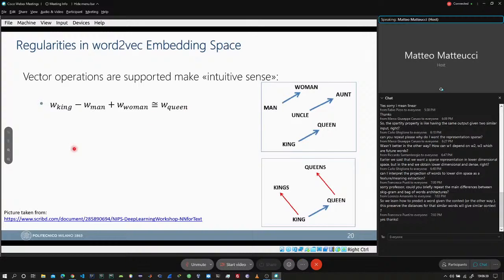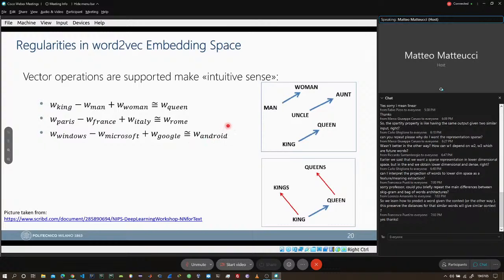And indeed, if you take the vector representing king, you remove the vector representing man, and you add the vector representing woman, you end up around queen. And the same can be done, like if you take Paris and you remove France, you add Italy, you get close to Rome. Or if you get Windows, you remove Microsoft, you add Google, you get Android.